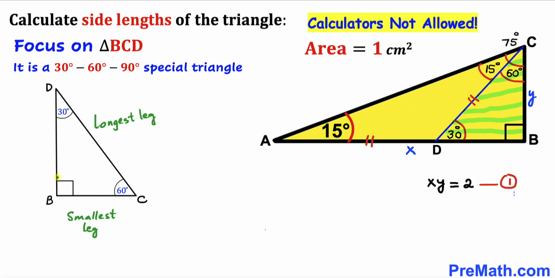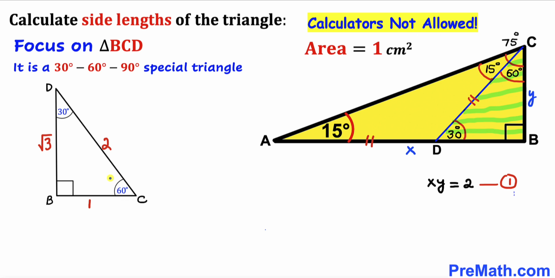And since 90 degrees is our largest angle, the side opposite to this angle is going to be our longest leg. In such a special triangle, the longest leg is twice the smallest leg. If the smallest leg is 1 unit, then the longest leg is going to be 2, and this third leg is going to be square root of 3.